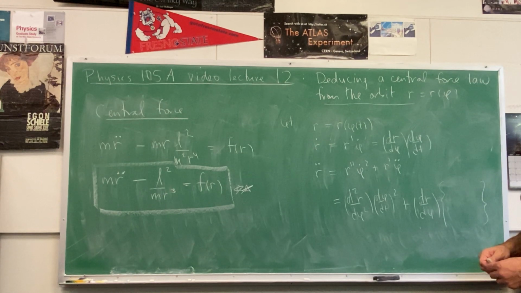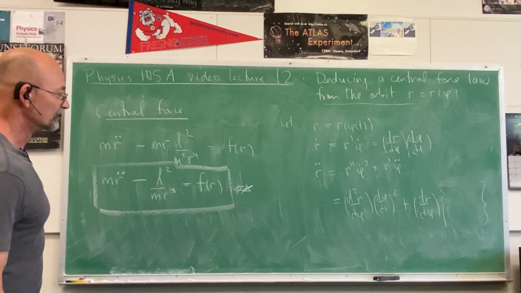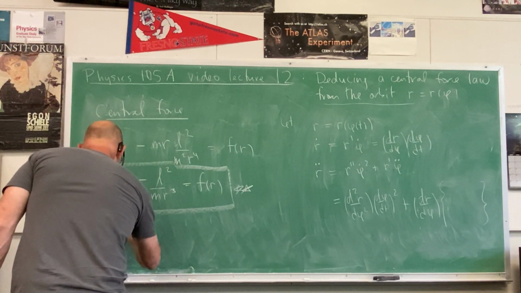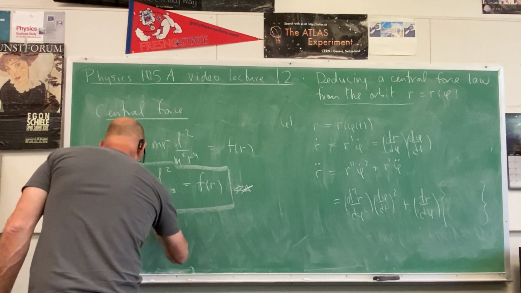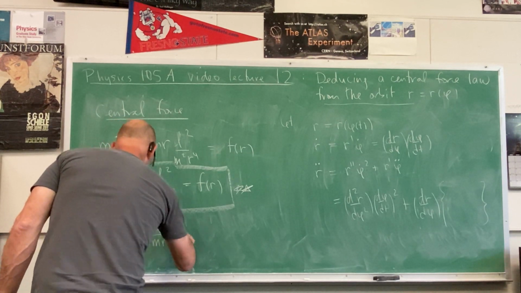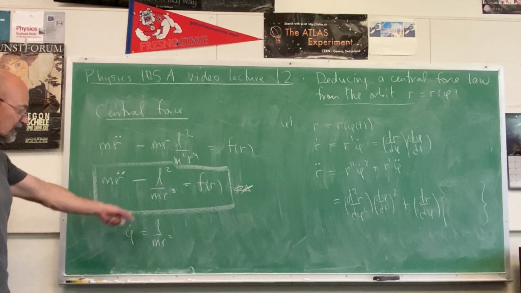I want to keep this guy up here. So we have phi dot equal to L over m r squared. We have that by virtue of the fact that L is a conserved quantity. So m r squared phi dot is equal to L.